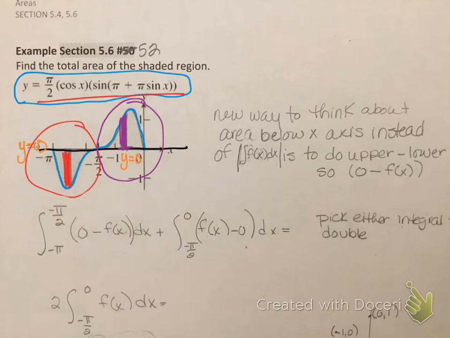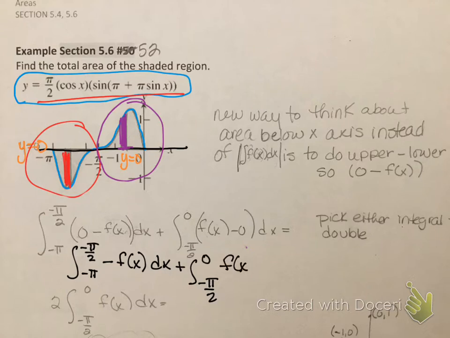So guys, do you see that I would have the integral from negative pi to negative pi over 2 of negative f of x dx, and then from negative pi over 2 to 0 of positive f of x.